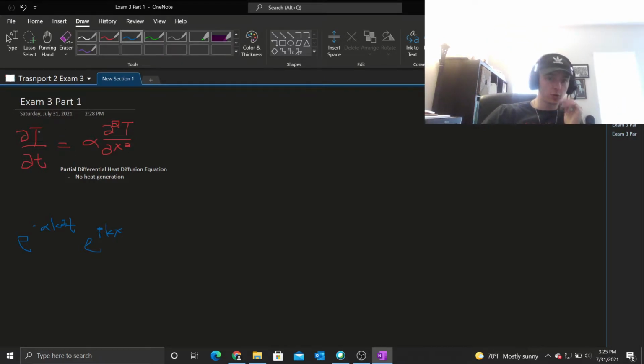It says the partial derivative of temperature with respect to time is equal to alpha times the second derivative of temperature with respect to x.